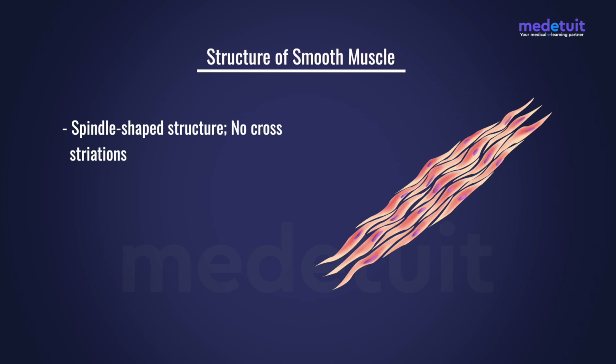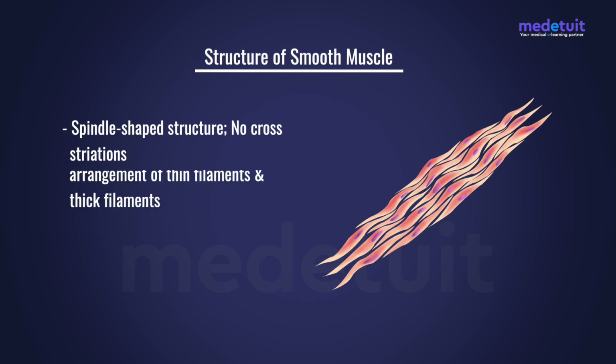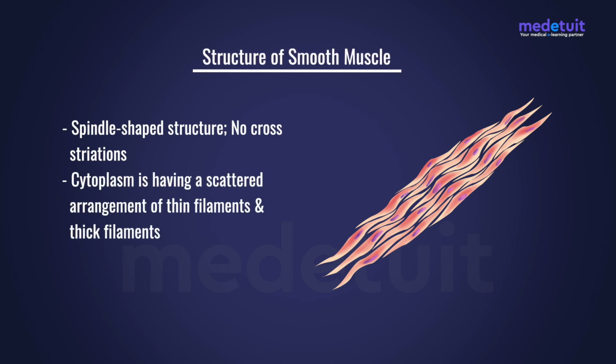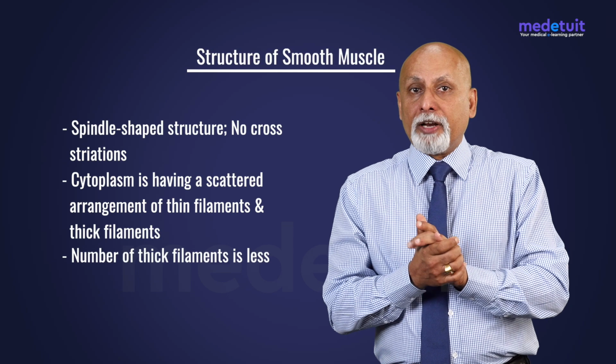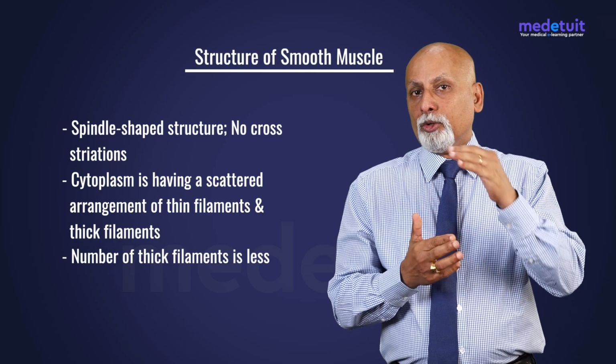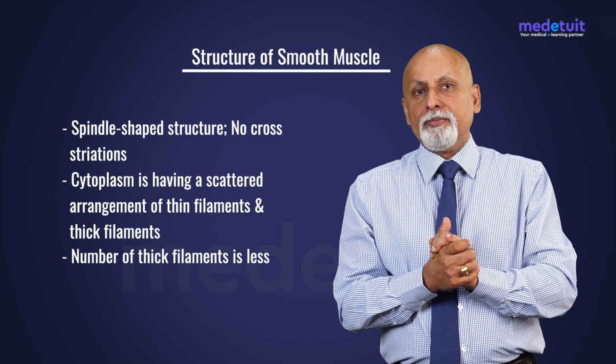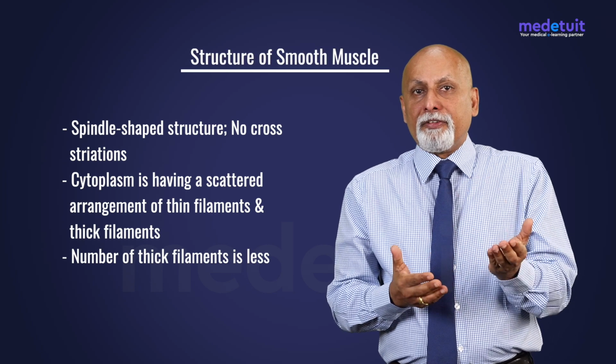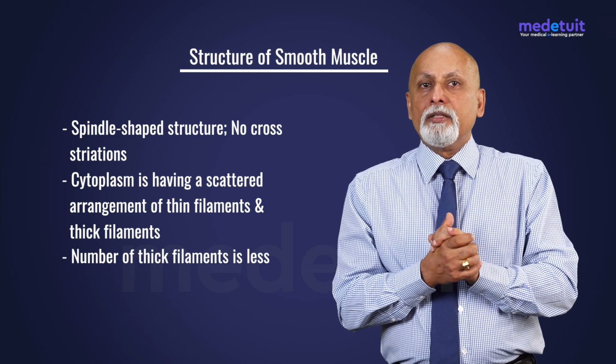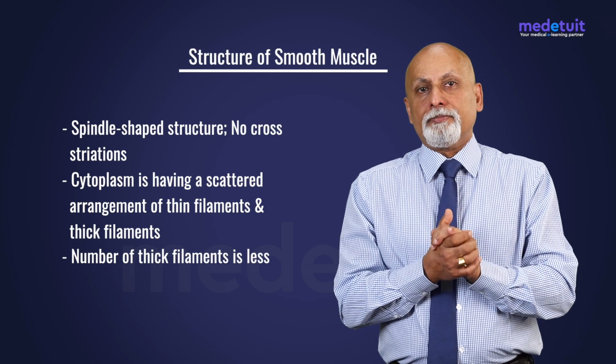A well-defined nucleus is there in the center part. The cytoplasm has a scattered arrangement of thin filaments and thick filaments. Do you see the number of thick filaments in the smooth muscle compared to the skeletal muscle? Yes, a significantly lesser number of thick filaments in the smooth muscle.